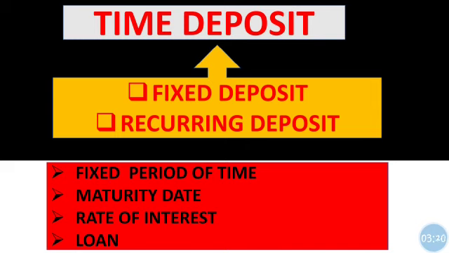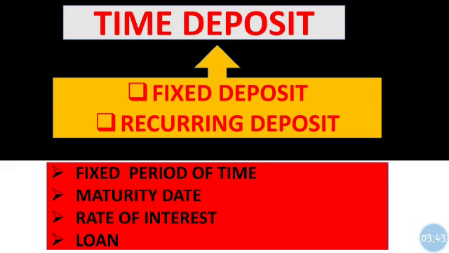Money can be withdrawn after maturity date. If account holder wants to withdraw money before maturity date, then bank will reduce the interest. Fixed deposit provides a high rate of interest compared to any other deposit.